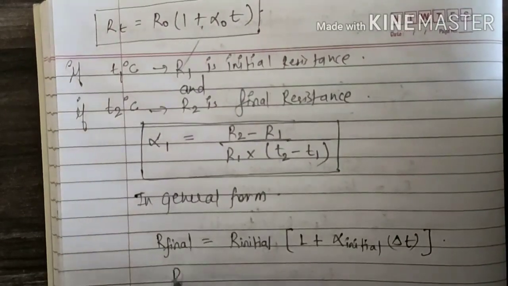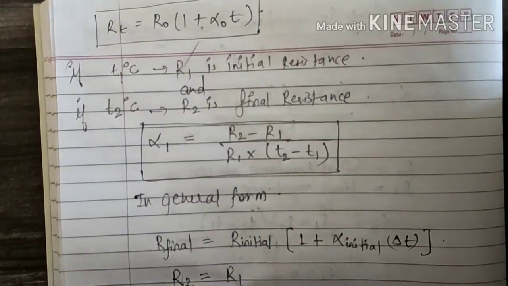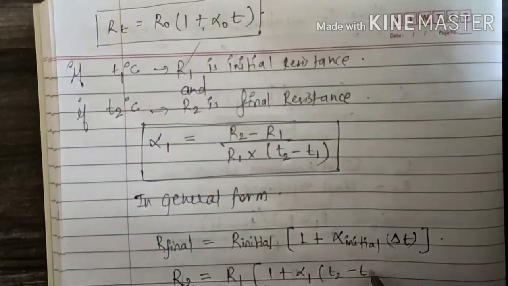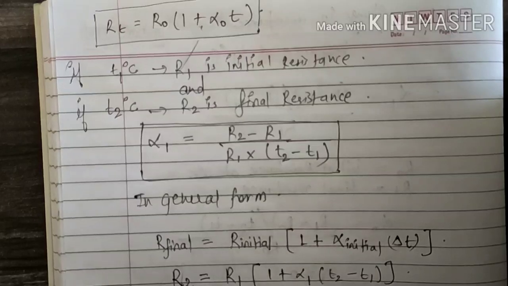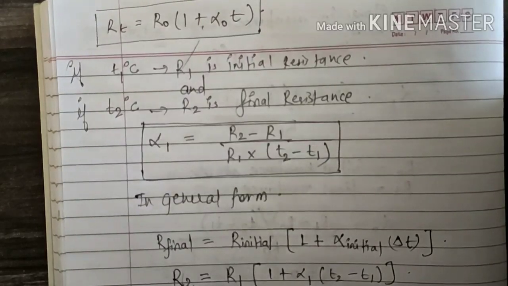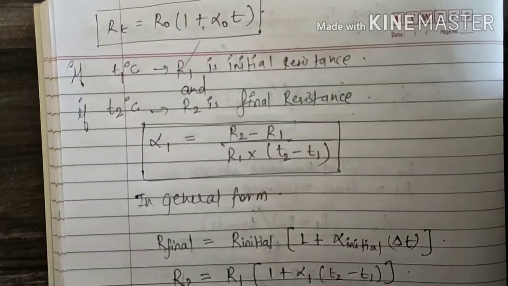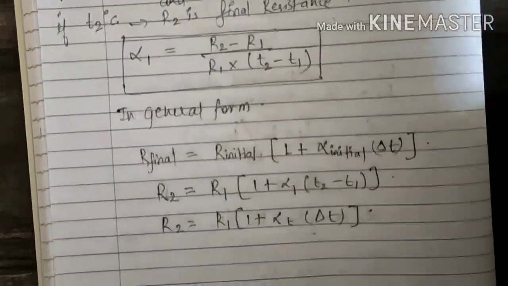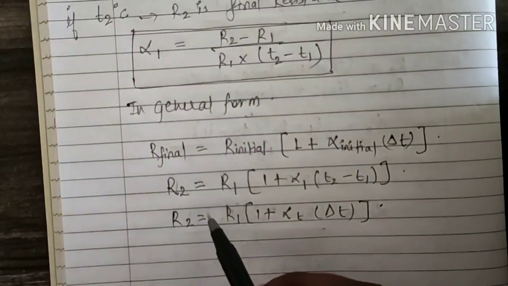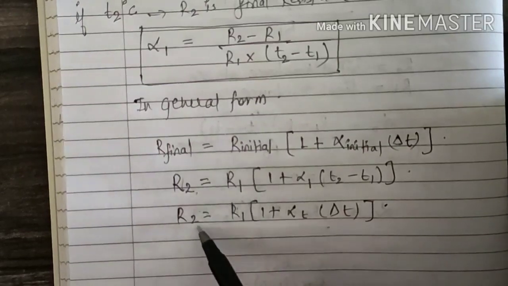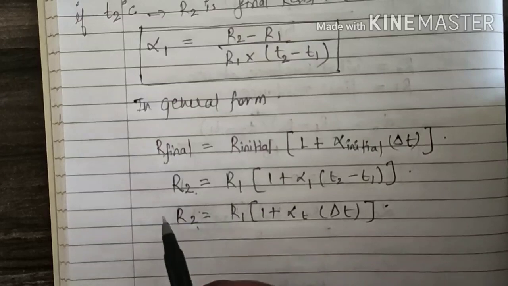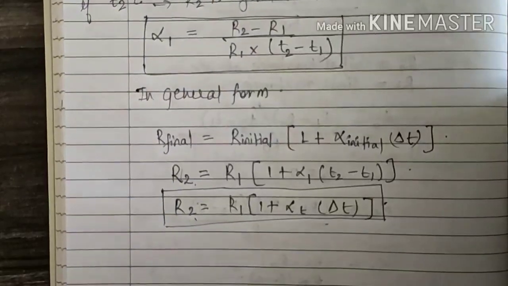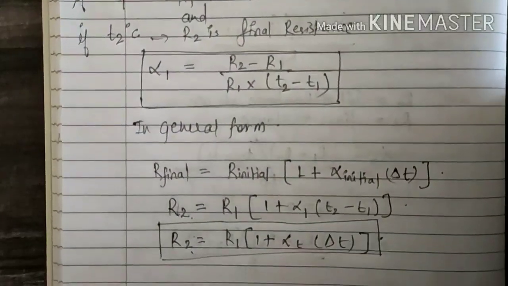Then the final resistance I can write as R2 is equal to R1 times 1 plus alpha 1 into final temperature minus initial temperature. Also R2 is equal to R1 times 1 plus alpha into delta T. This is the formula for R2, the final resistance. You can find the final resistance through it. So you should know this formula.